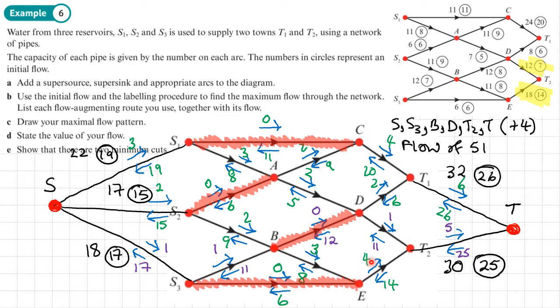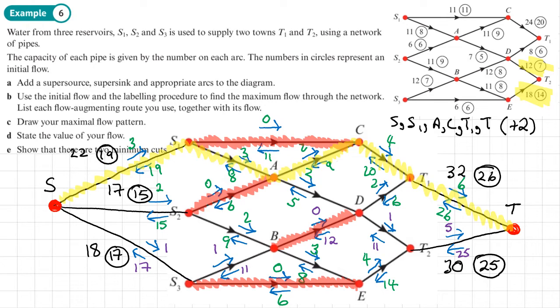So I'm going to go through this route at the top here. So S1, A to C to T1 to T, and increase that by 2. So I've written the new route down and how much I can increase it by.